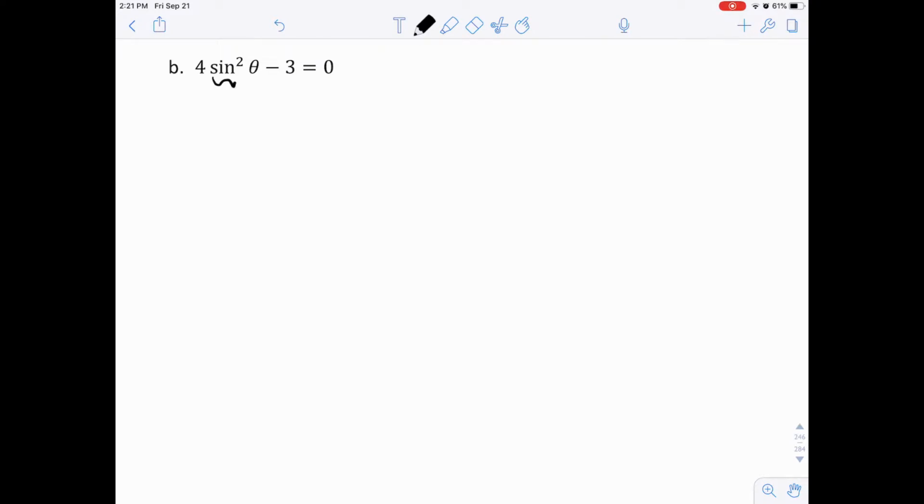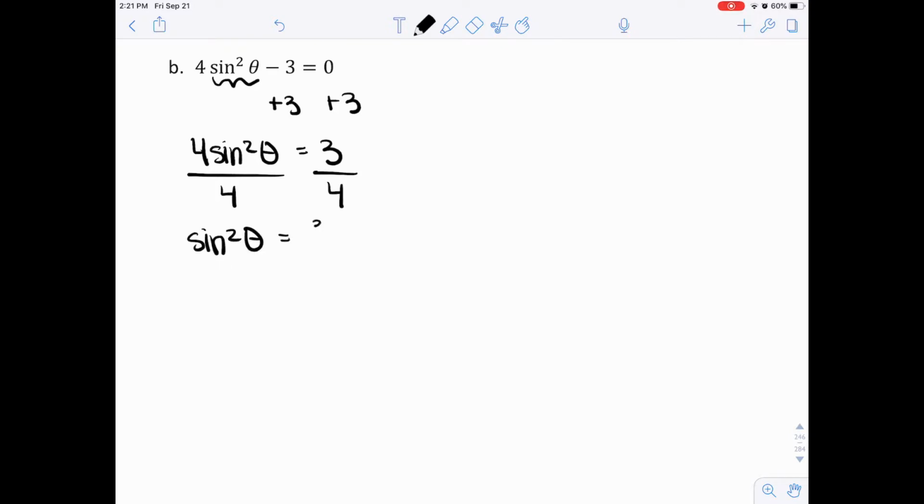We're going to start solving this equation as though sine squared theta was the same as an x squared. At this point, you have sine squared theta is equal to 3 over 4, and sine squared theta is the same thing as sine of theta all squared.